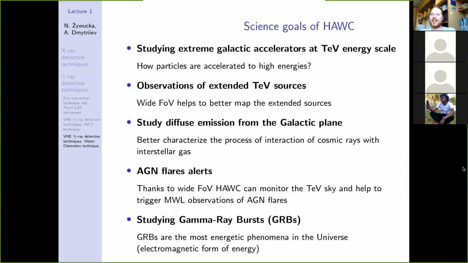The ground-based gravitational wave detector. So it's a specific type of source: binary black hole mergers.